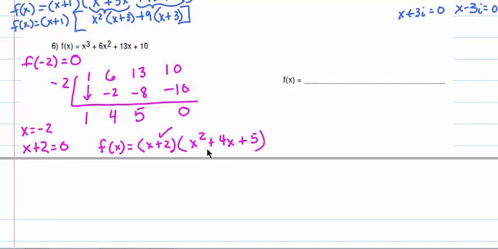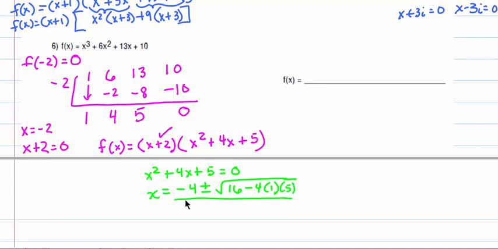No. I'm going to take this quadratic and set it equal to 0. Use my quadratic formula to solve it. x is equal to negative b plus or minus the square root of b squared minus 4 times a times c, all divided by 2 times a.